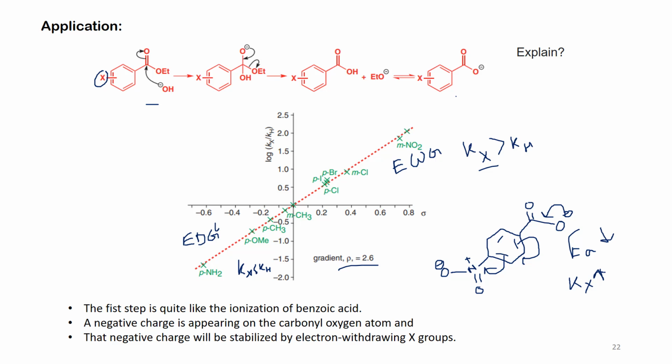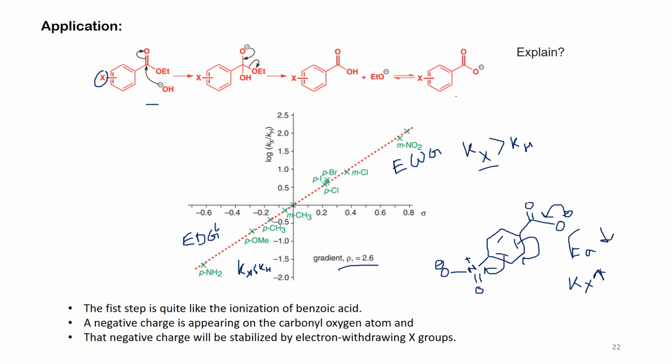I have tried to simplify as much as possible so that you can correlate all the concepts. So from Hammond we got an idea that as much as the intermediate gets stabilized, the activation energy gets reduced, so the reaction rate gets higher. Now from Hammett you can get an idea which substituent can affect our reaction.